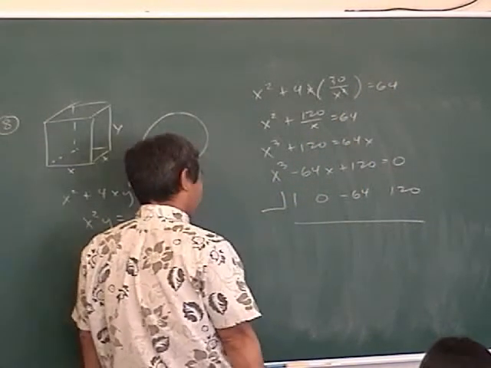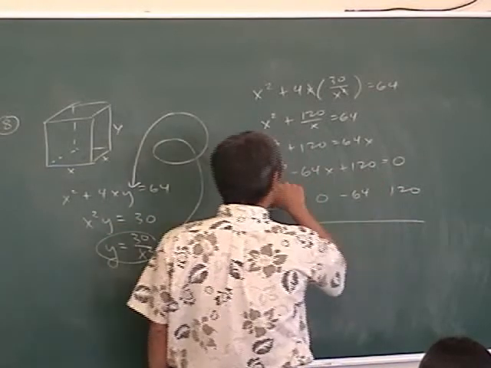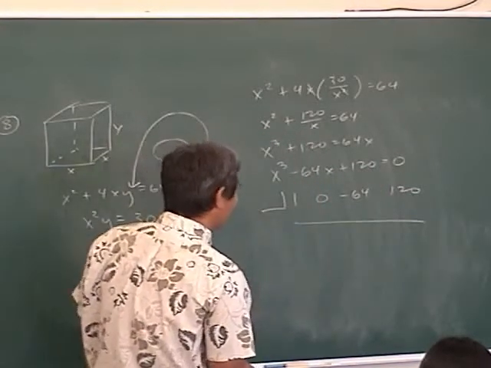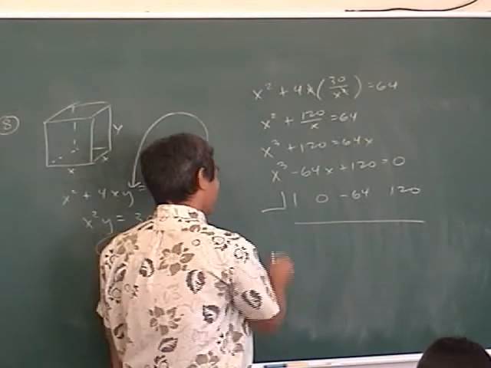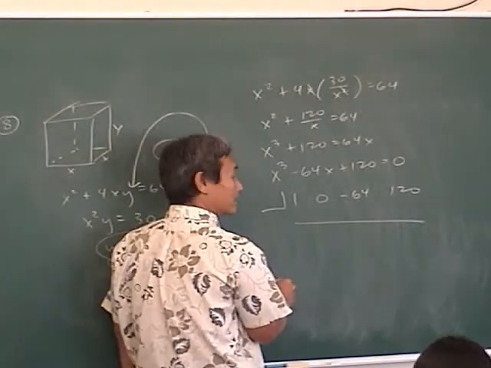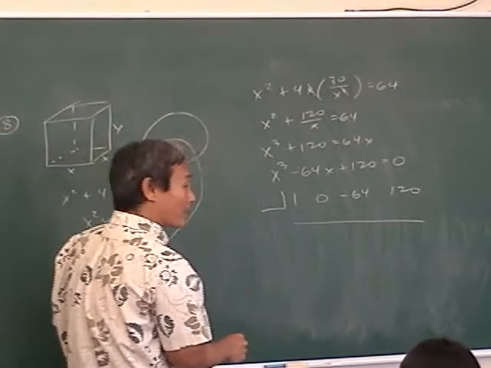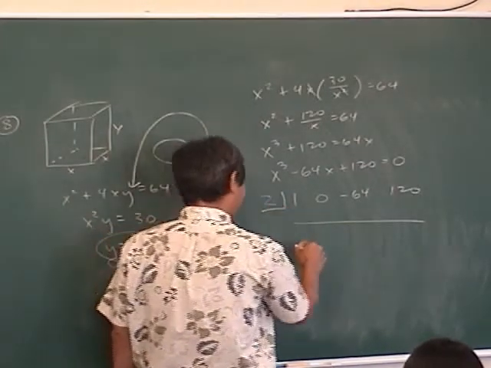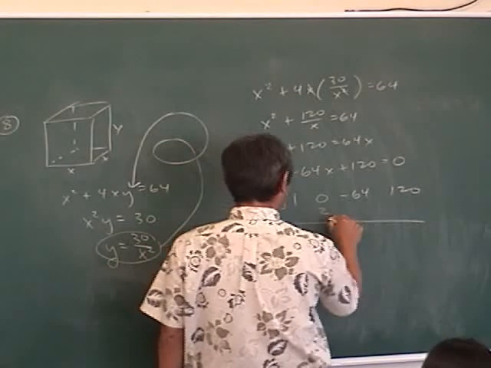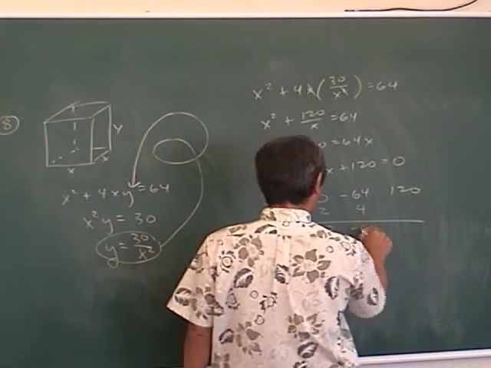Fine. Okay, factors of 120 over factors of 1. Can you see 1 does not work? So the next logical choice would be, who said 16? 16 is not even a factor of 120. No, 2 would be the next logical choice. Look, it works too.